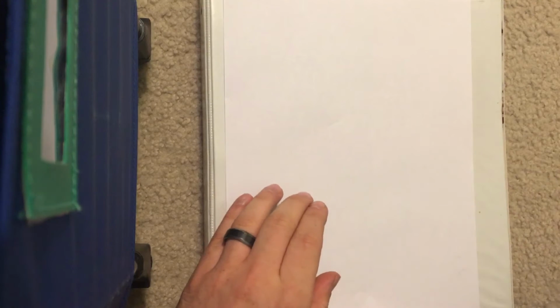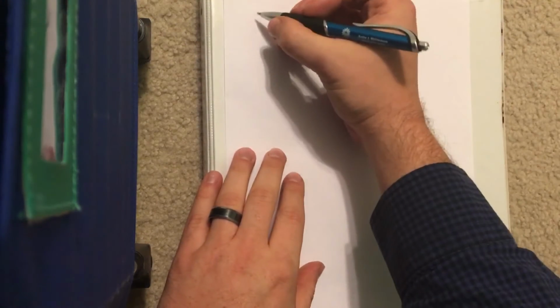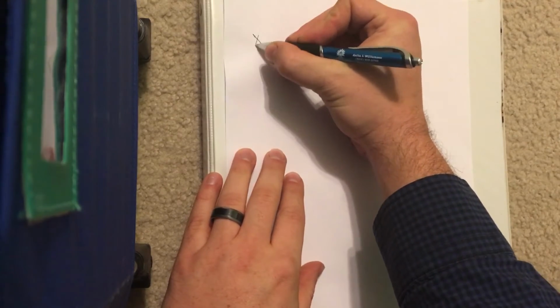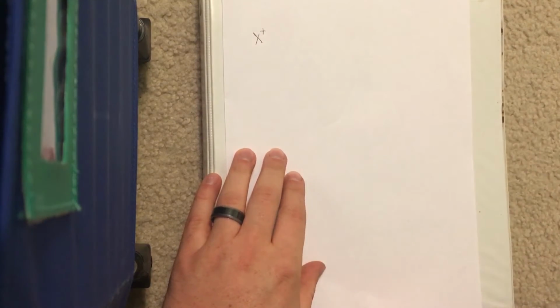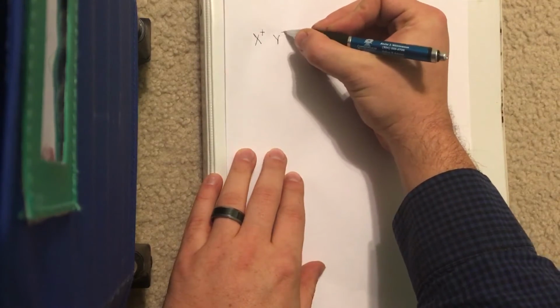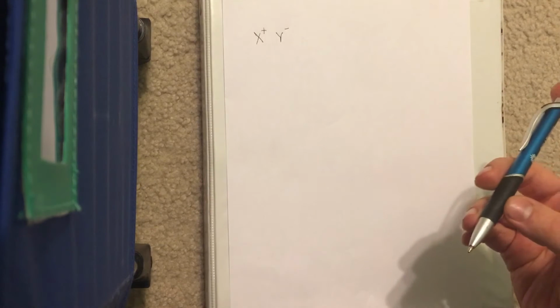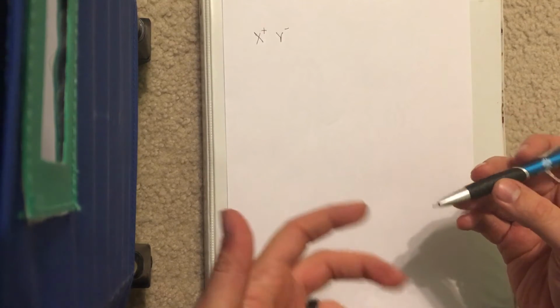When you're dropping and swapping, you're doing it with an ionic compound. An ionic compound is one that's made up of a positive ion, let's call it X, and a negative ion, let's call it Y. The positive ion and the negative ion have a certain amount of charge associated with them.